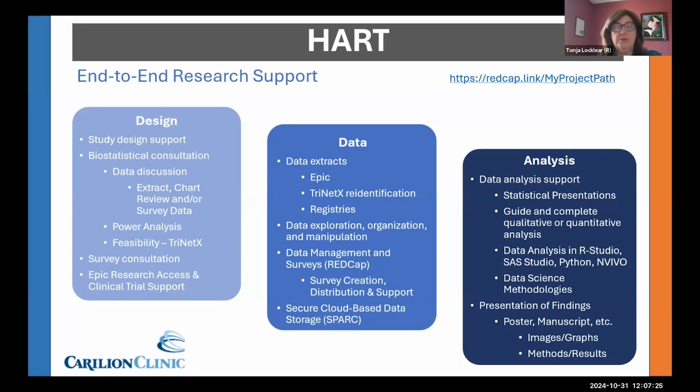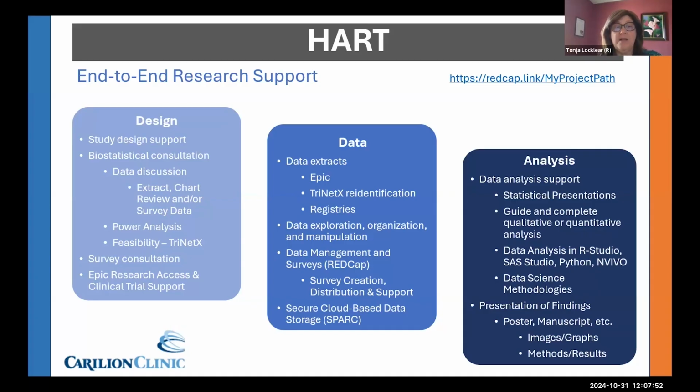So here's our end-to-end research support. I've shared this link as well, and this would be one of the links I would point to, the REDCap link at the top right of the page, because that link is to something called My Project Path. That particular link will allow you to go through a guided step-by-step process of the resources that are available for Carilion.